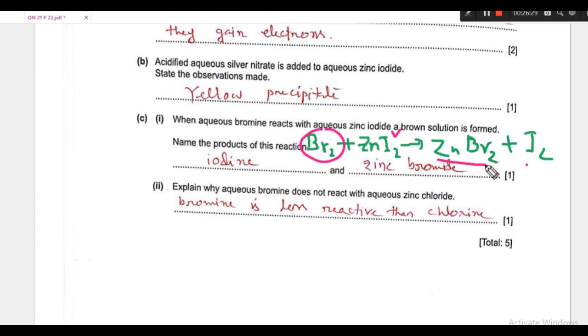So name the products: one product is iodine, the other product is zinc bromide.